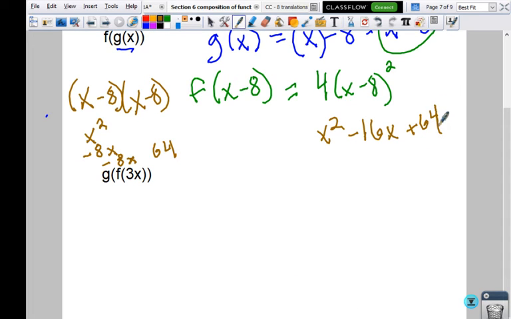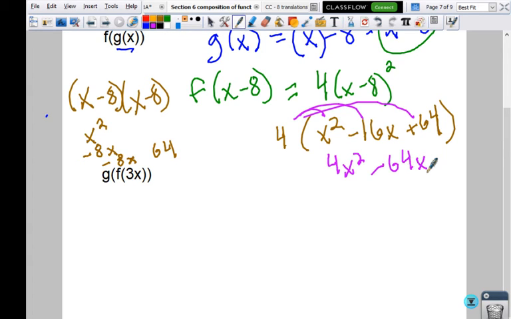And then I still have this 4 on the outside, right? Now what are we going to do with this 4? We're going to distribute it. Alright, so we're going to go 4x squared, minus 64x, plus 256.